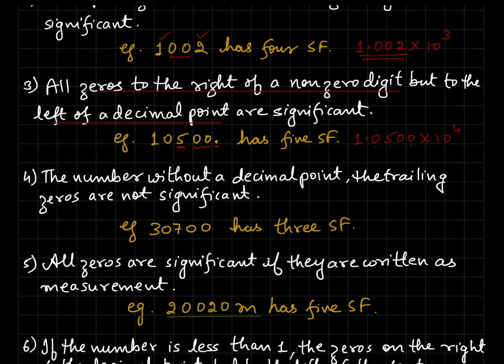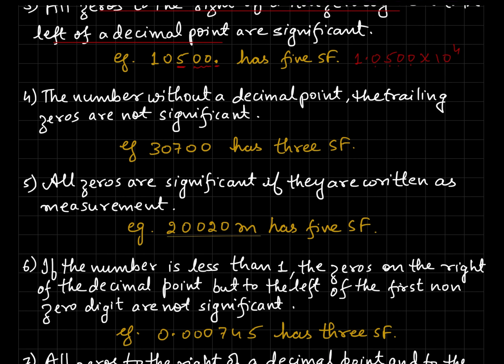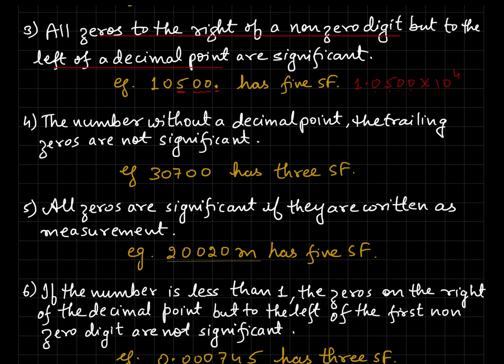Always remember, whenever a decimal point is there after the figure, and there are zeros to the left of the decimal which are to the right of a non-zero digit, they will be counted. Do not ignore that.